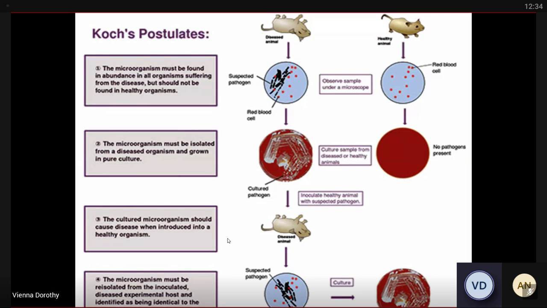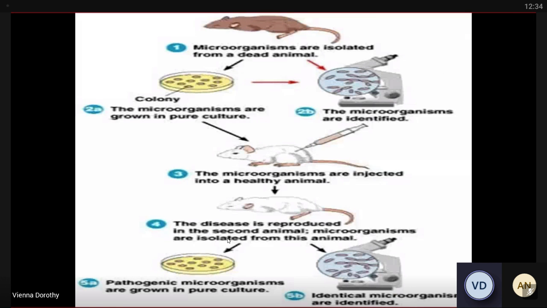If we have to quickly see, these were the contributions. This is the pictorial representation, another pictorial representation of the same postulates. This is the animal. If the animal is suffering from any disease, I take out, I should be able to see the organisms. The organisms should be able to be cultured in the lab conditions.